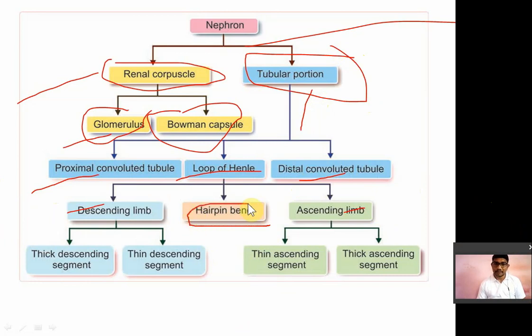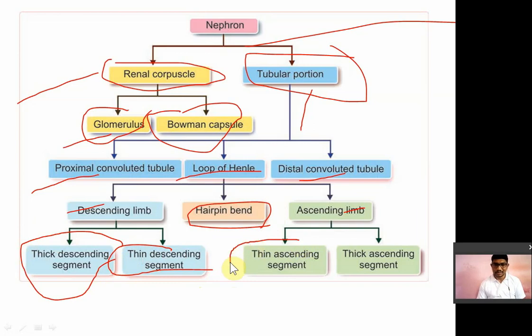The descending limb has a thick descending segment and a thin descending segment, and the ascending limb is similarly divided. So this is the part of your nephron.